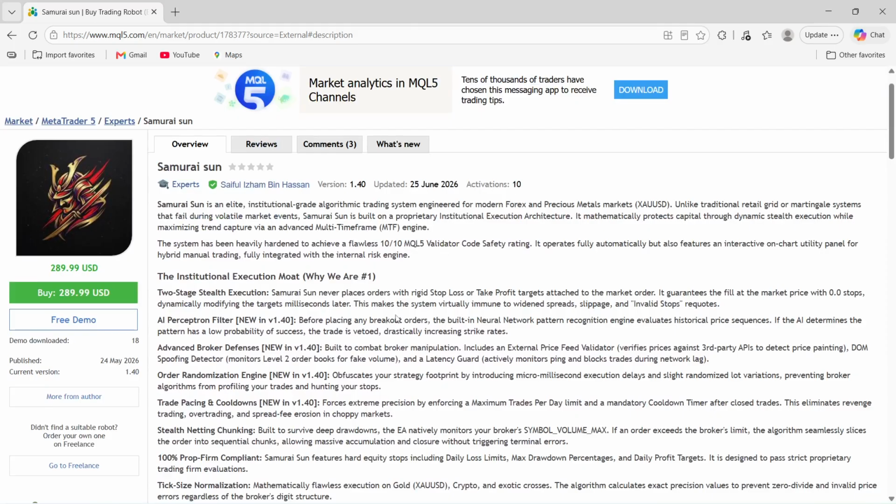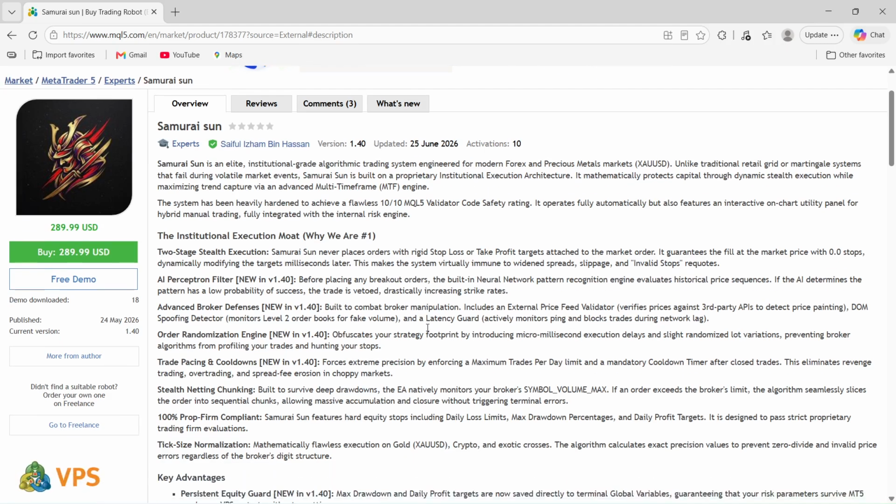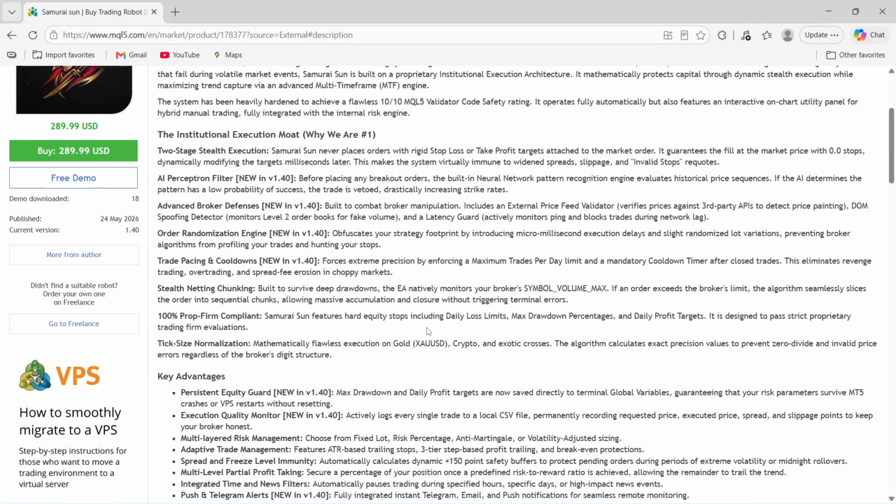Okay, so compared to standard retail EAs, the institutional features like AI perceptron, price validation, and prop compliance stand out, and it's more sophisticated in protecting against broker-related problems than actually taking trades.